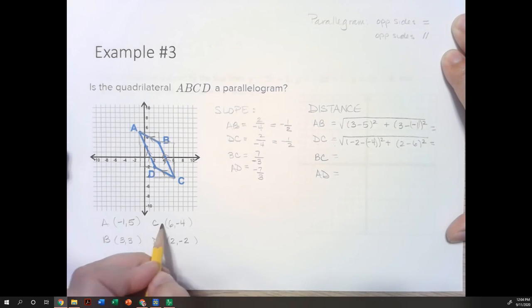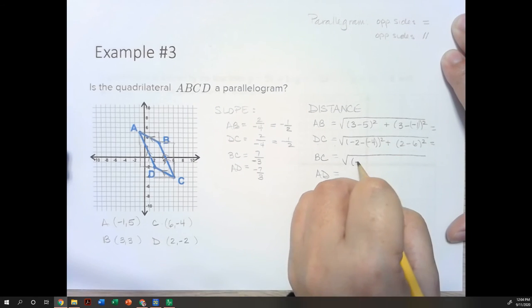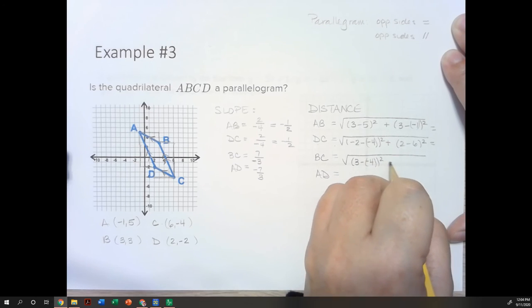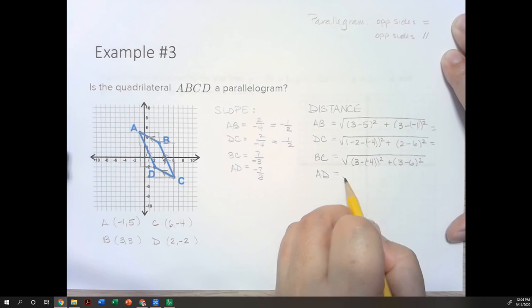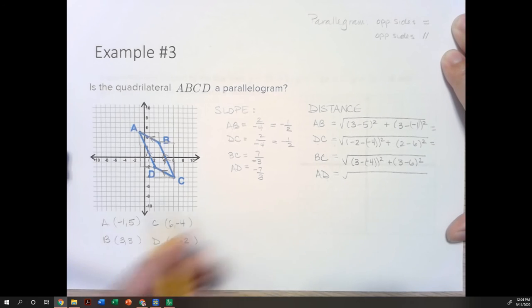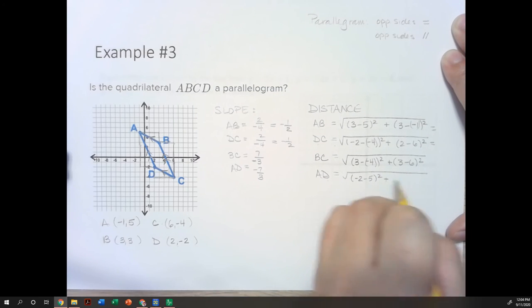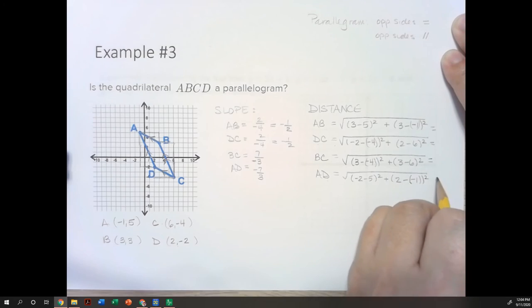And then B to C: 3 minus -4 squared plus 3 minus 6 squared. And then AD: -2 minus 5 squared plus 2 minus -1 squared.